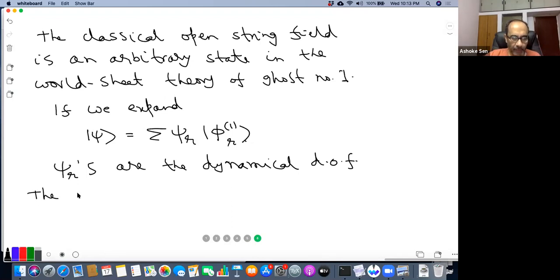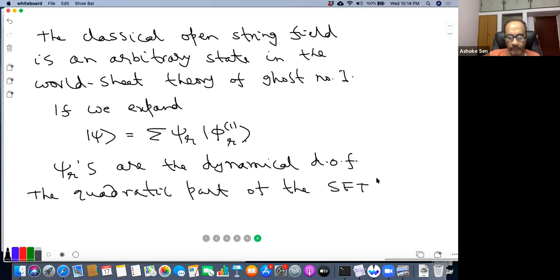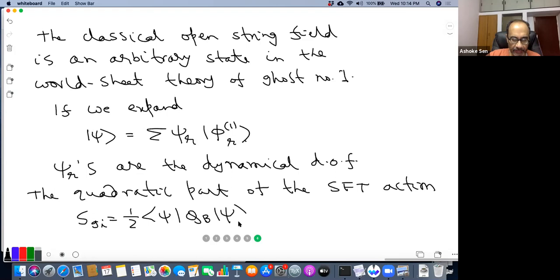And the quadratic part of the string field theory action has a form of, let me call this S, the gauge invariant action, psi Q_B psi. Here Q_B is the BRST operator in the worldsheet theory.